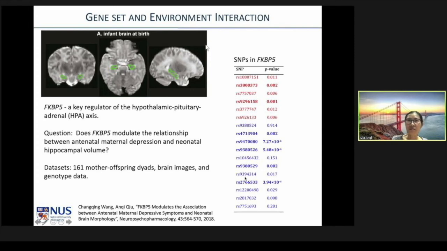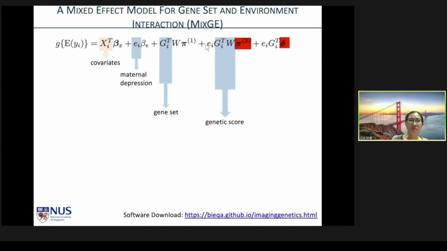Certainly, this is a heterogeneity of effects from individual SNPs in these genes. The model we just introduced is able to model such heterogeneous effects through this random effect factor. In the meantime, we are also able to look at homogeneous effects from individual SNPs that contribute to the outcome measures. And we look at that here.